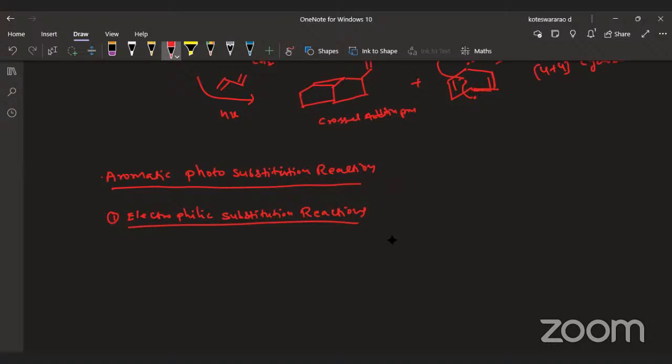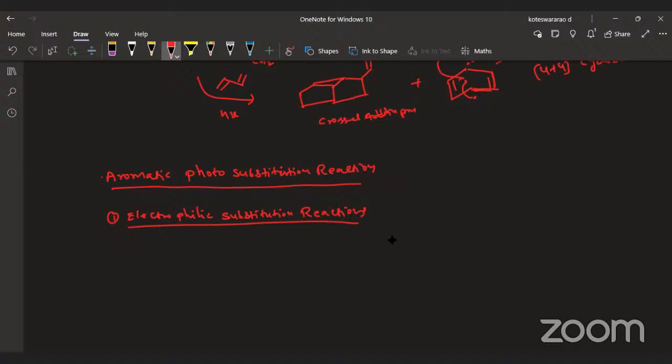This can be due to the efficient quenching of the excited states of aromatic compounds by the common electrophiles, and also the pi-pi star excited states of the arenes are electron donors in electrophilic media, and the resulting radical cations are unreactive towards electrophiles.